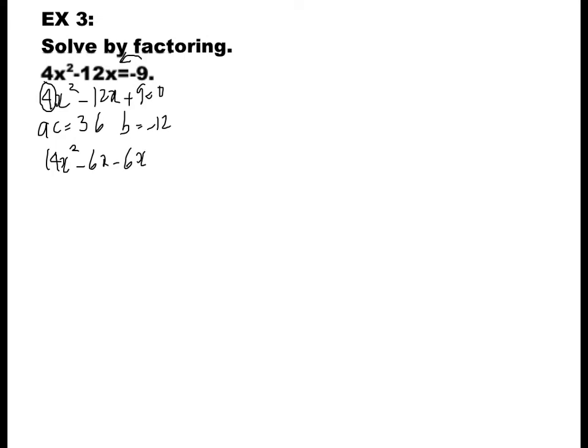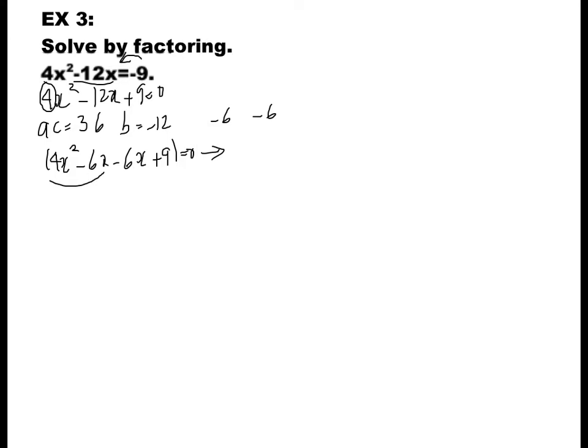Remember, the two numbers that add up to negative 12 and multiply to 36 are negative 6 and negative 6. So I can break up the middle term into two terms, negative 6x and negative 6x, plus 9 is equal to 0.